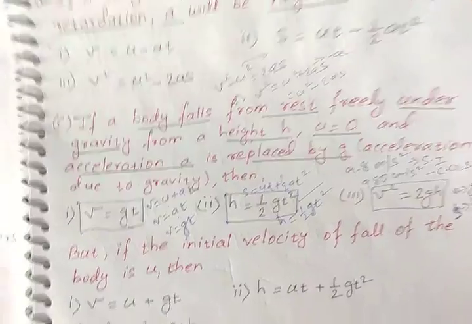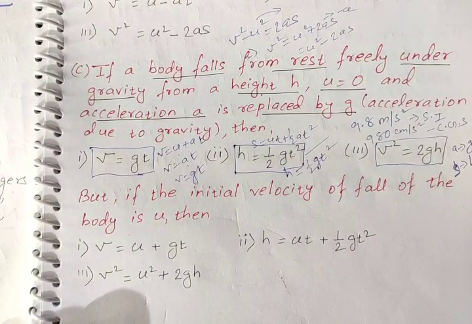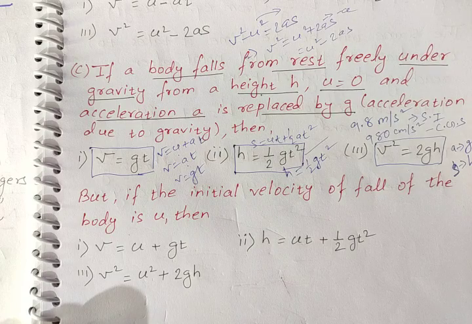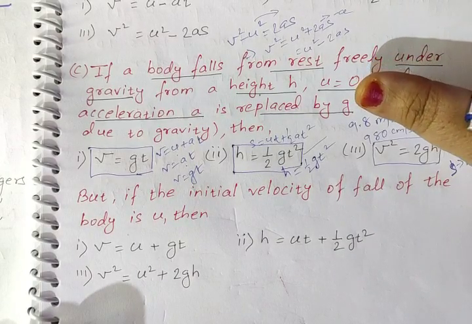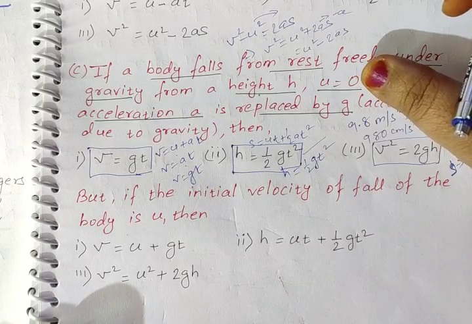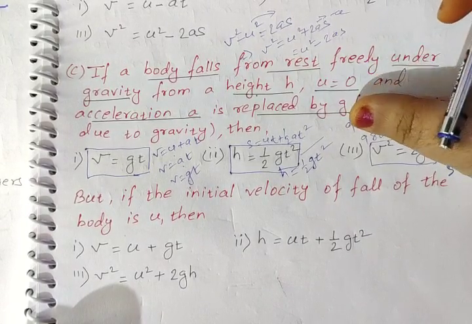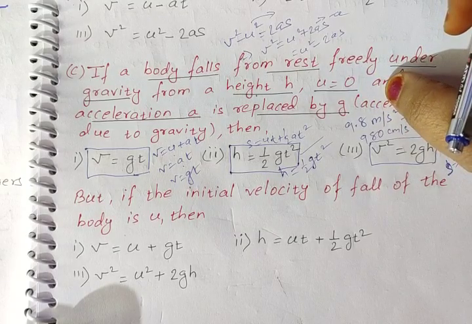Now in this same case, one more is there. If the initial velocity of fall of the body is u, then in the first point we discussed that the body starts from rest, falls from rest, so the initial velocity is 0.